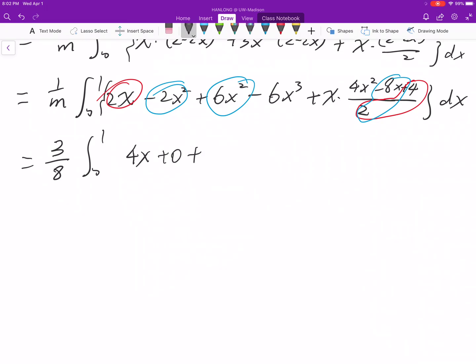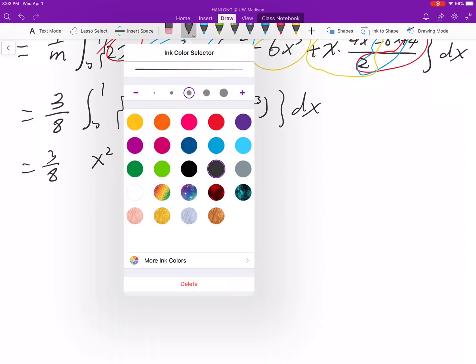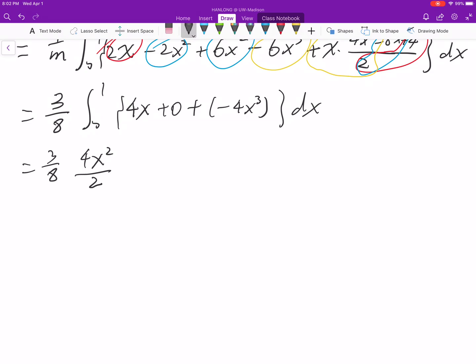And then for the cubic term, you have this one and this one. So totally you have minus 4x cubed dx, and then you have 3 over 8 times 4x squared over 2 minus x to the 4th over 4, from 0 to 1, and then 3 over 8 is your answer.